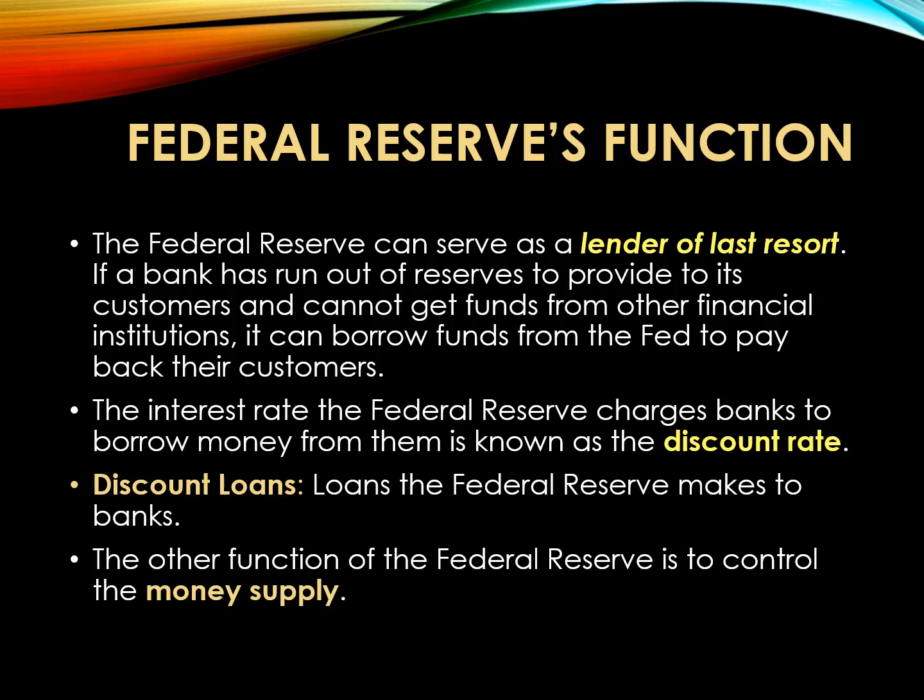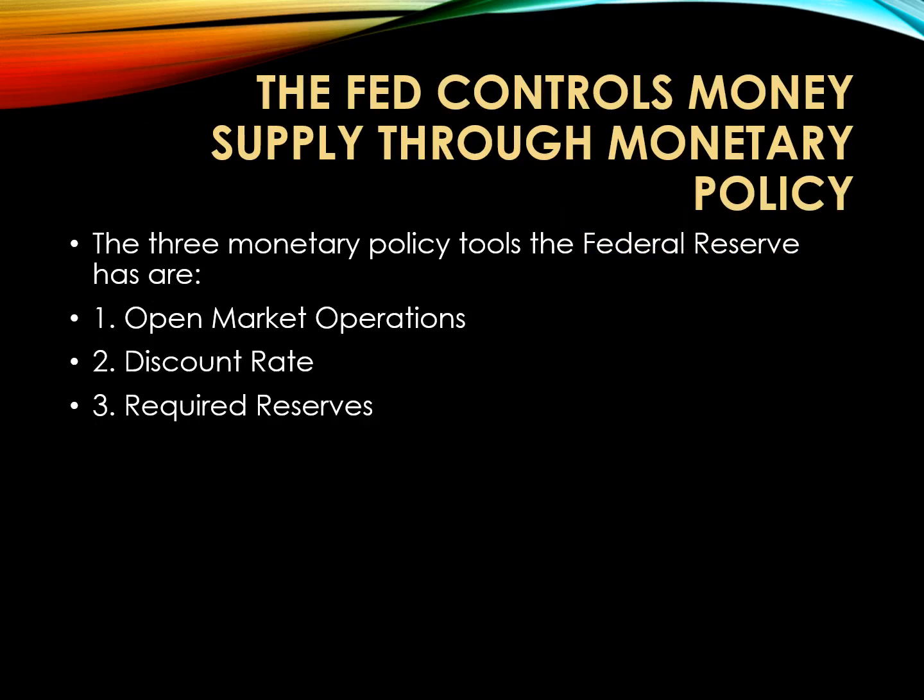And then again, the other way that the Federal Reserve is looked at these days in terms of relevancy is in terms of how they affect the money supply through their monetary policy. So there are three types of policies that the Fed can undertake.